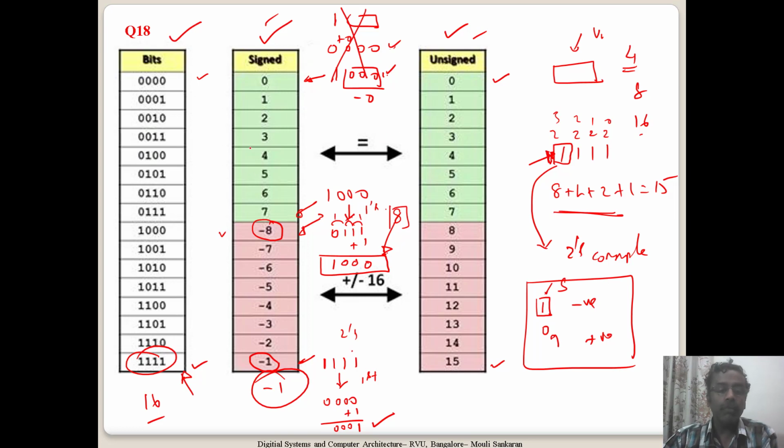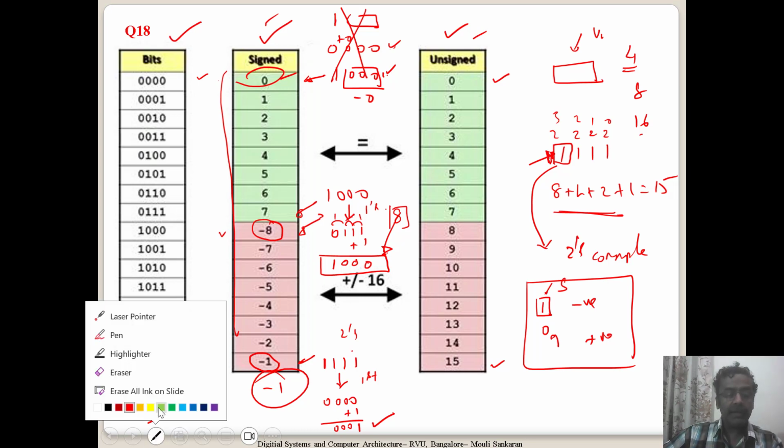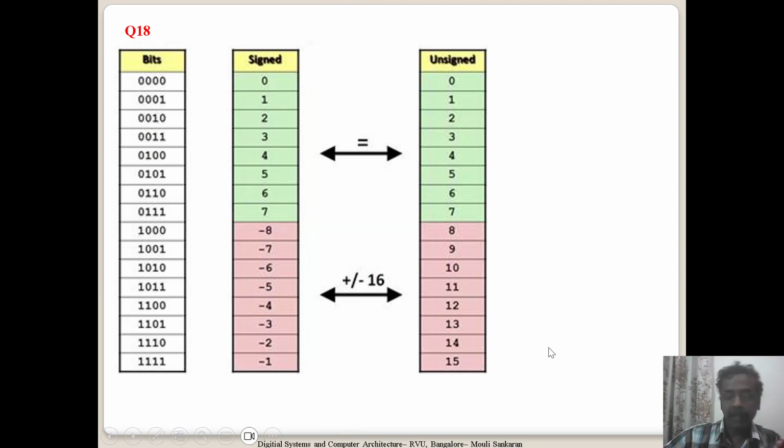And then there is no wastage of values. We do not have two representations for 0. 0 is only one, there is no positive 0 or negative 0, and we use minus 1 to minus 8 for the remaining combinations. So every combination of values is used for representing numbers, both in signed as well as in unsigned numbers. So this gives an explanation about how signed and unsigned numbers are represented in 2's complement form.